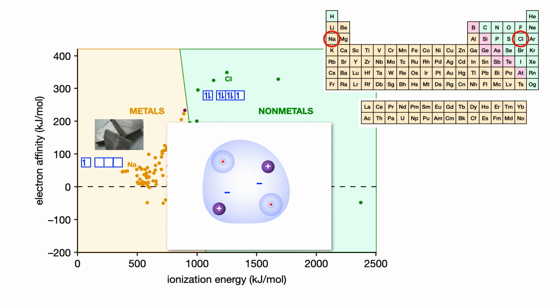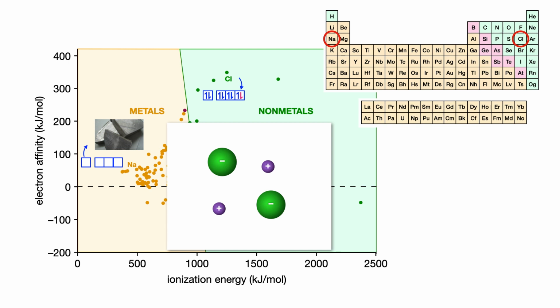You've got the sodium valence electrons loosely floating around, but then because the chlorine atoms pull in electrons so strongly, chlorine has a high electron affinity, those floating valence electrons just get soaked up by the chlorines, turning them into chloride ions. And so the overall effect is that each sodium atom loses its valence electron, which then gets transferred to a chlorine atom.